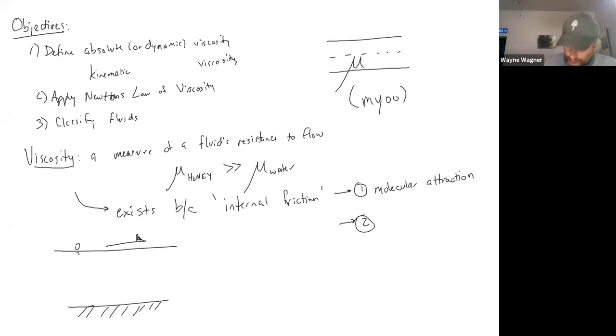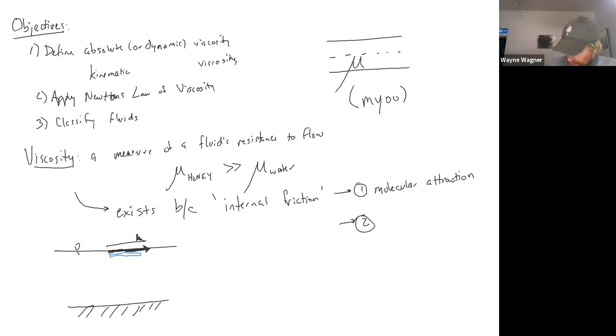Because of this wind, the thin layer of fluid on the surface wants to move at the same velocity as the wind above it. There's another little layer right below it, and those two layers are going to be interacting with each other.